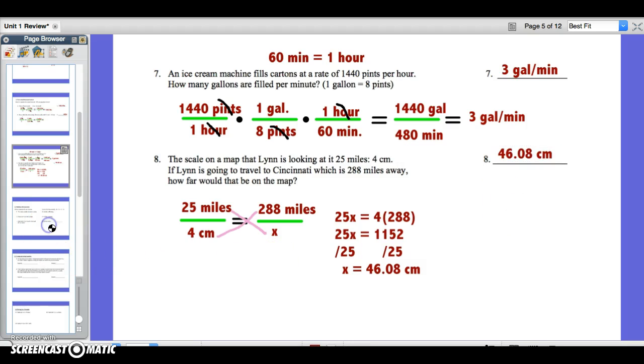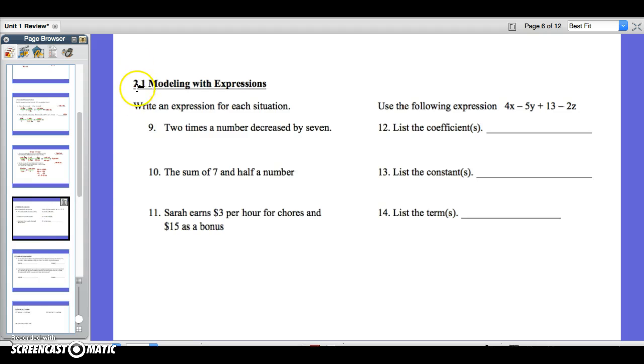Okay. Moving on to the next standard, it's modeling with expressions. So we are going to write an expression for each situation in numbers 9, 10, and 11. This first one is very mathematical. It says 2 times a number decreased by 7. So we are reading this as it is and then trying to write an expression. So 2 times, that means 2 multiplied by a number.